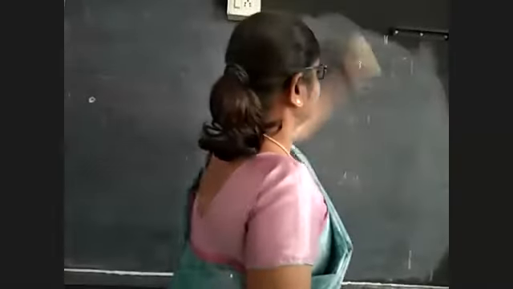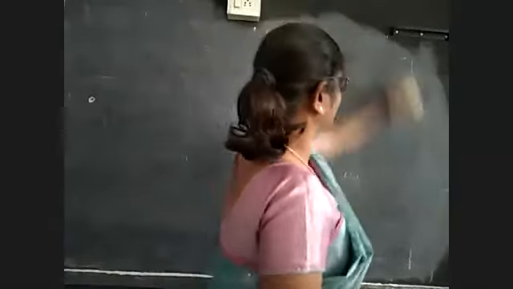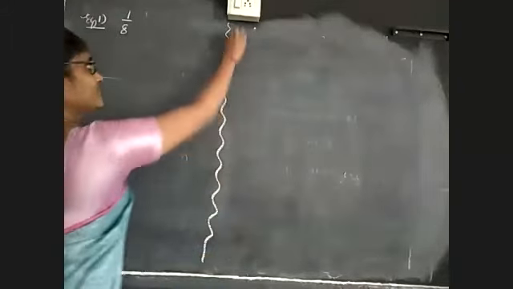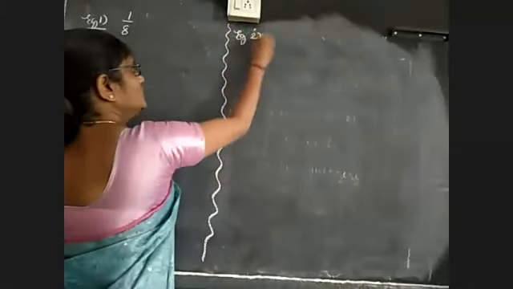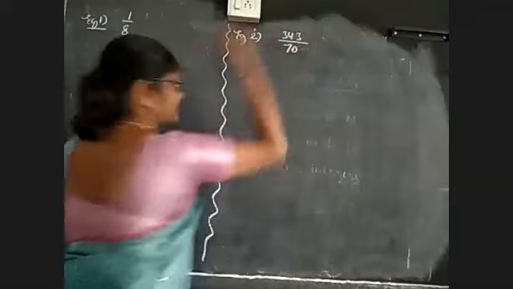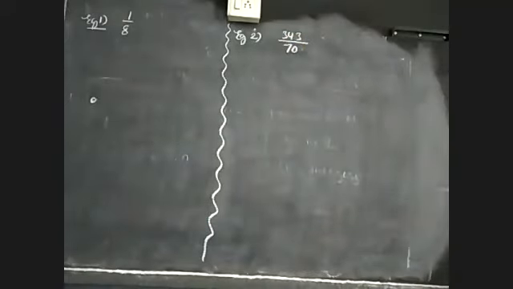Let us see a simple example. If you want to see in parallel, let us see the second example also at the same time. Example 2, 343 by 70. Observe both the problems.